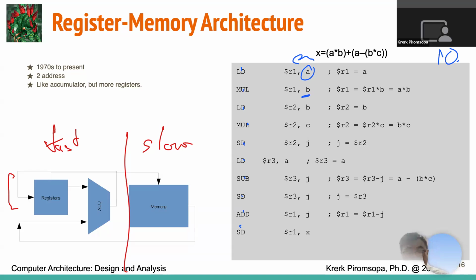Because this is fast, but this is slow. Right? Now we want to do some calculation. One operand would be pretty fast. Another operand would be, let's wait for it. And in case you don't know, this is the Intel.